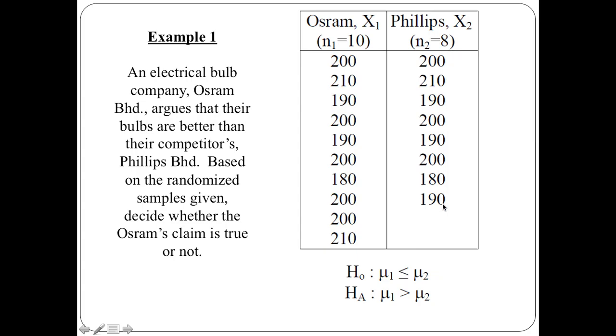Remember that in our earlier lecture, we mentioned that for the unpaired sample t-test, the sample sizes of both groups don't need to be the same, so they can be different. And why is this an unpaired sample t-test and not a paired sample t-test? Because Osram and Philips are not related at all.